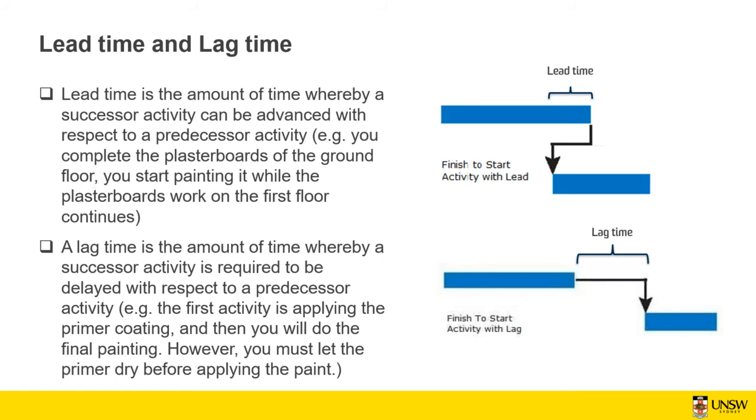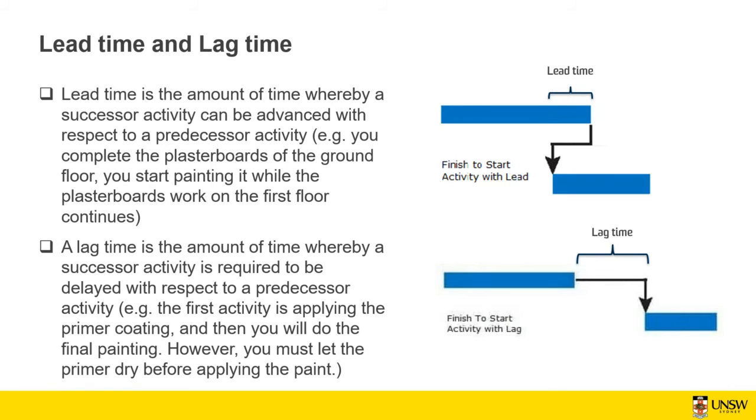So there is a lead time here, and the lead time can be different. The successor can start after up to 90% or 95% of the predecessor, or it can be just 5 or 10%. This depends on the nature of the project and the job that you're doing. But this lead time is very good, especially if you want to shorten the project.